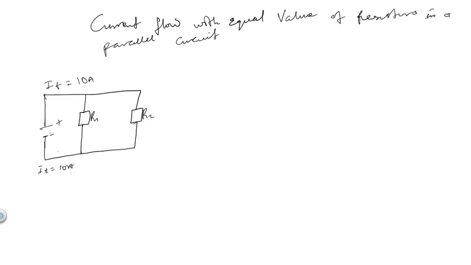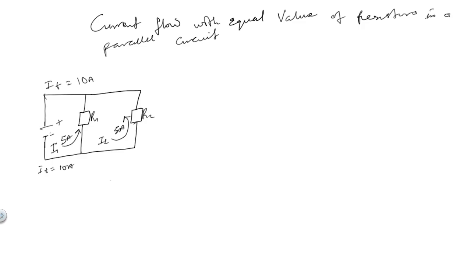So I said earlier, when equal resistances are placed in a parallel circuit, opposition to the current flow is the same in each branch. Alright, keep that in mind as we go. This would be I1 flowing this way, 5 amps. This is I2 flowing in, would be 5 amps.